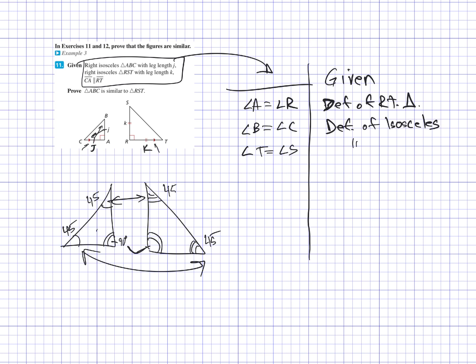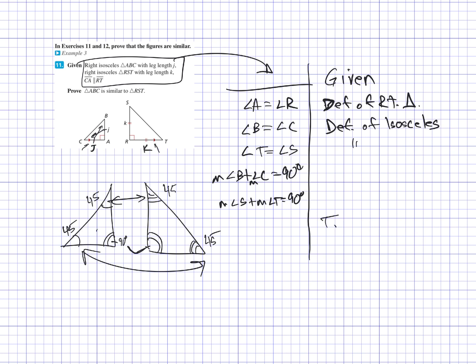All right, so the triangle sum theorem says they have to equal 180. We already said that the angles are the same. So you can say that angle B plus angle C equals 90 degrees, the measure of these, and the measure of angle S plus the measure of angle T equals 90 degrees.